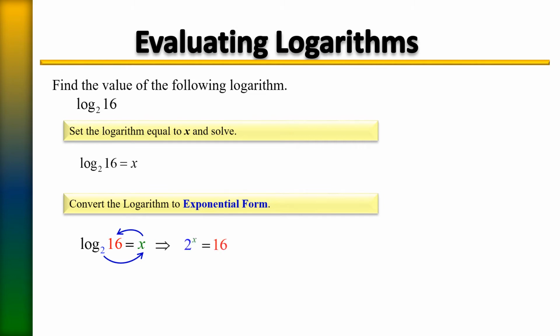And so what I want to know is, what number do I have to raise the base of 2 to in order to get 16? And the correct answer is 4, because 2 multiplied 4 times is going to give me 16. So x equals 4. And there you have it.